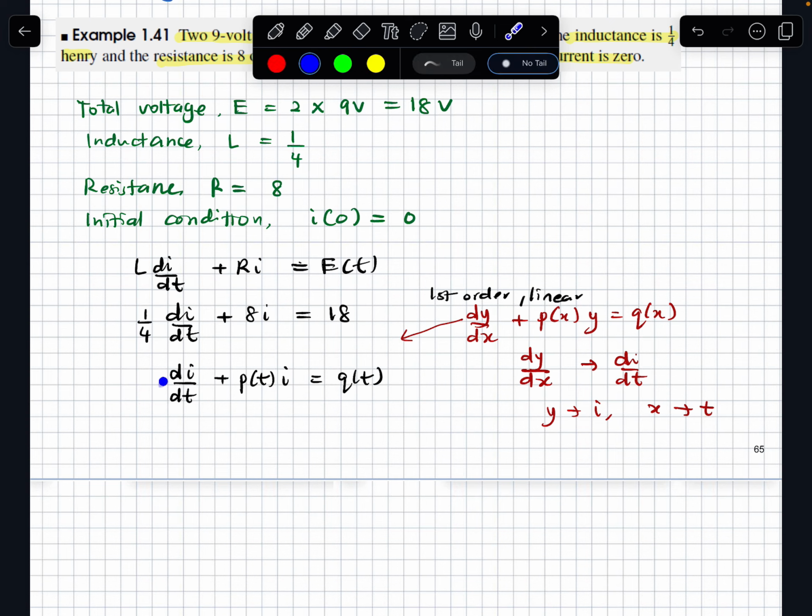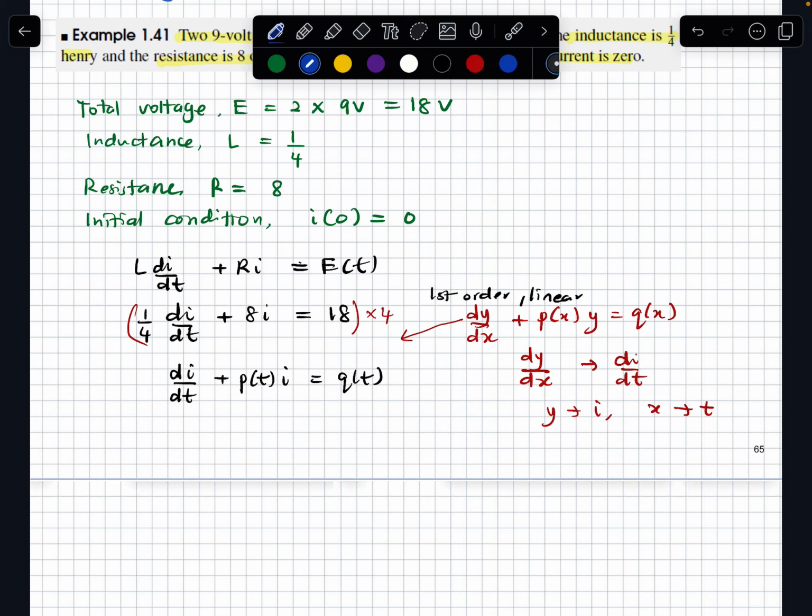Now you can see that from the format there is no value in front, meaning the coefficient of di/dt is 1. Since our problem has a value other than 1, we have to make it 1. How to do that? We can multiply the entire equation by 4 so that the coefficient becomes 1.